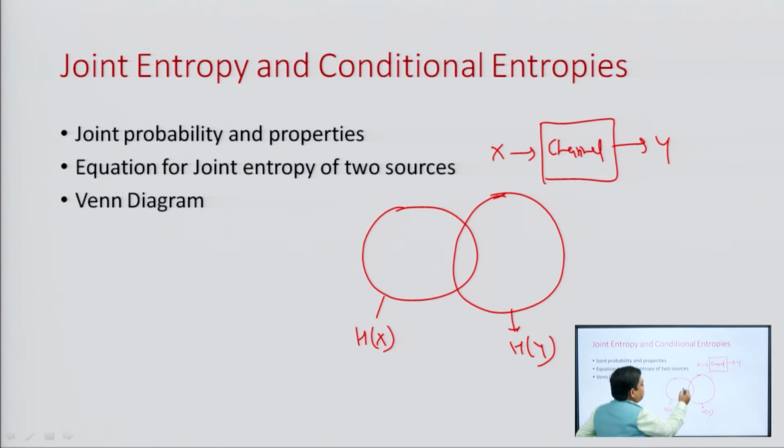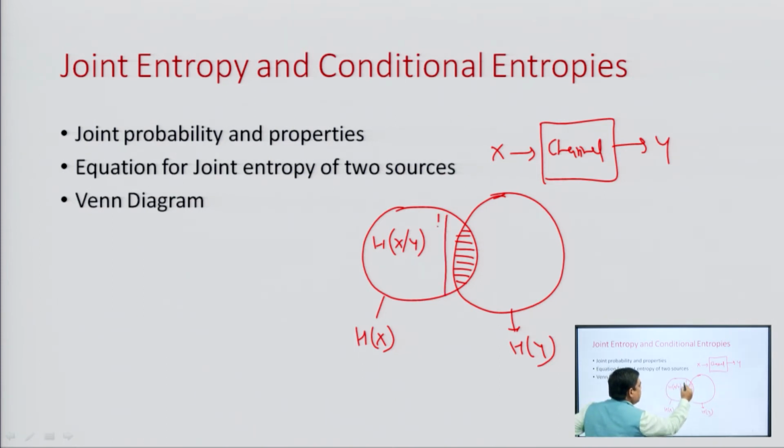Then the same symbols, that region covered here, this is the common area. When y is known, the entropy of x can be calculated, H(X|Y).